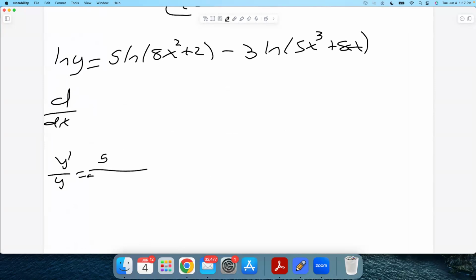Derivative natural log of anything is 1 over that thing times the derivative of what was inside, which in this case will be 16x. 3 is going to come along for the ride. Derivative of log of anything is 1 over that thing times the derivative of what's inside, which will be 15x plus 8.